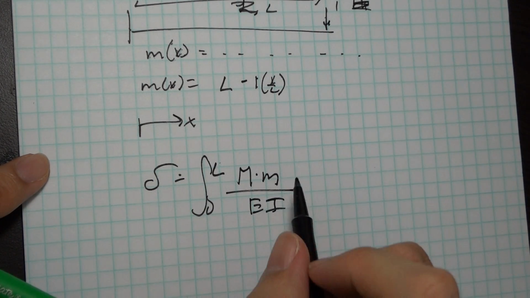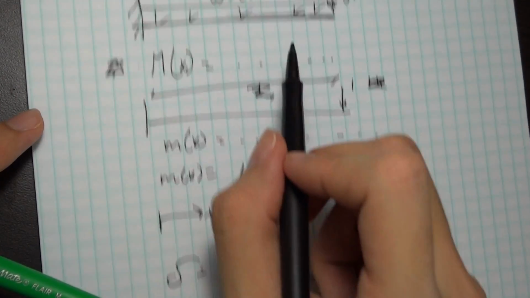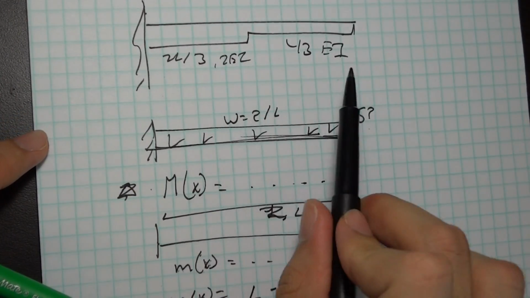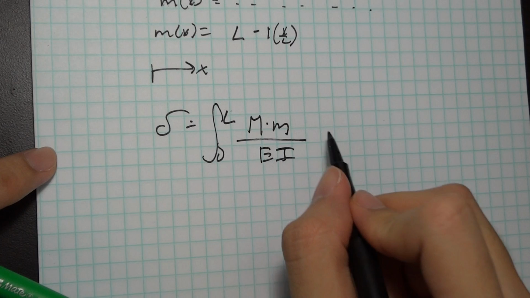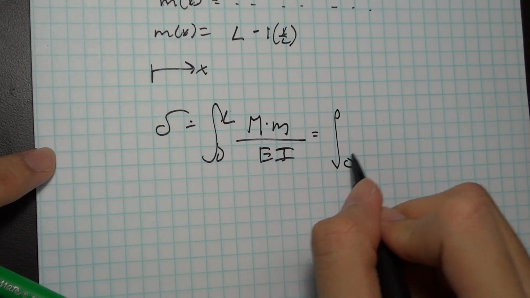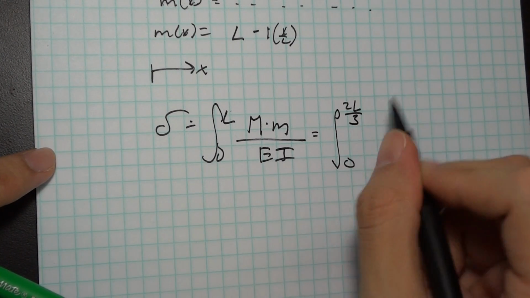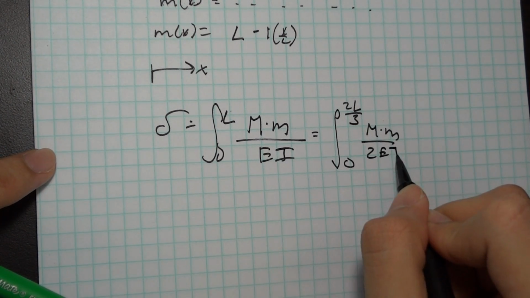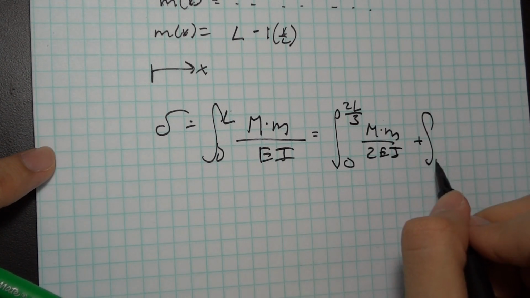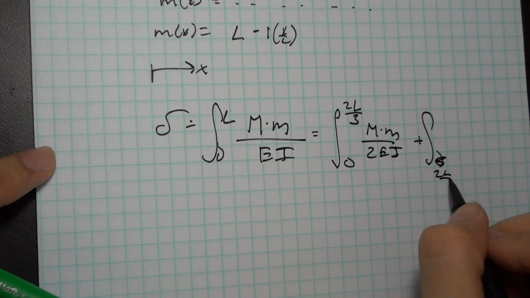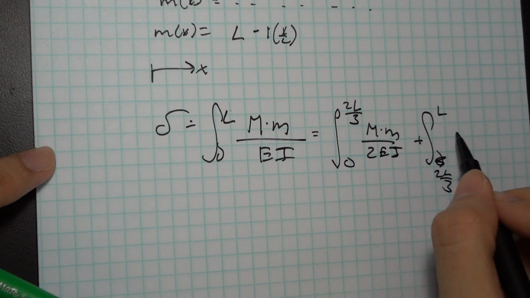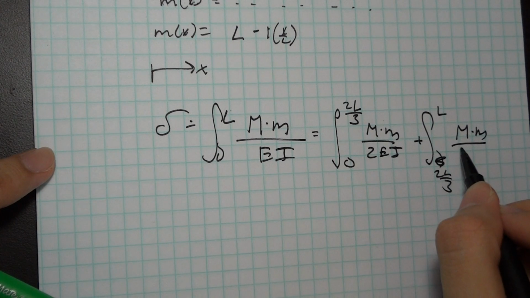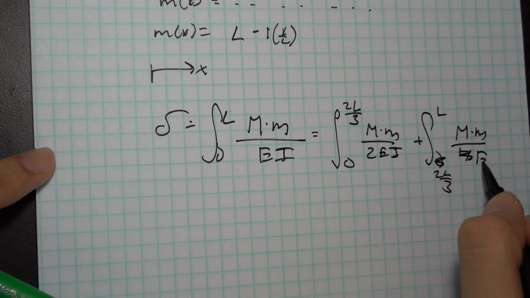Then you say, well, but we have changing EI, right? Yes. So you're going to break this up into 2 parts, 0 to 2L over 3, and 2L over 3 to L, with EI.